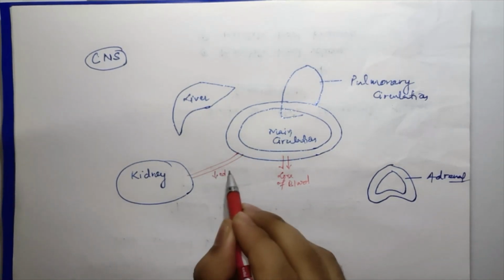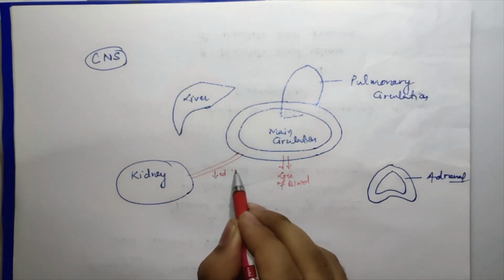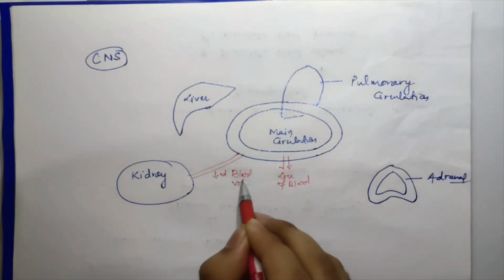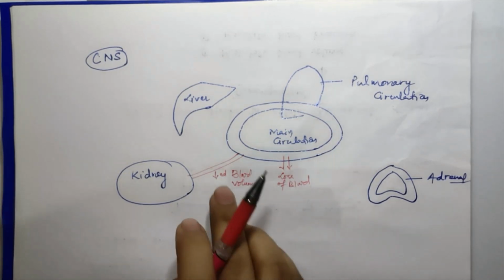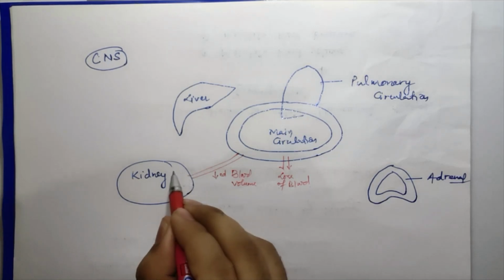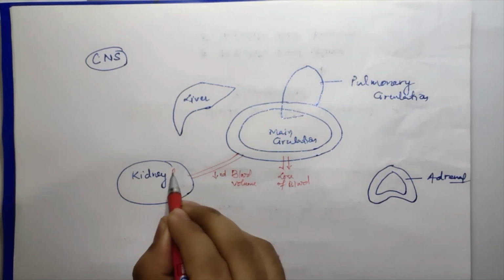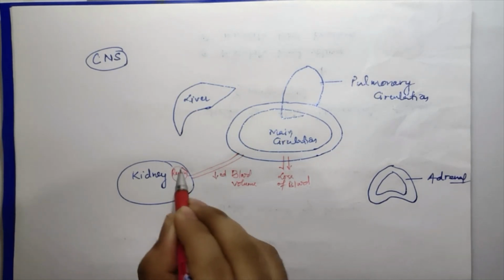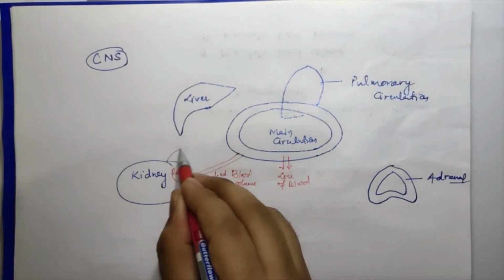So it is reduced blood perfusion, or reduced blood volume, that is being supplied to the kidney, and subsequently the kidney releases a hormone-like enzyme called renin into the main circulation.